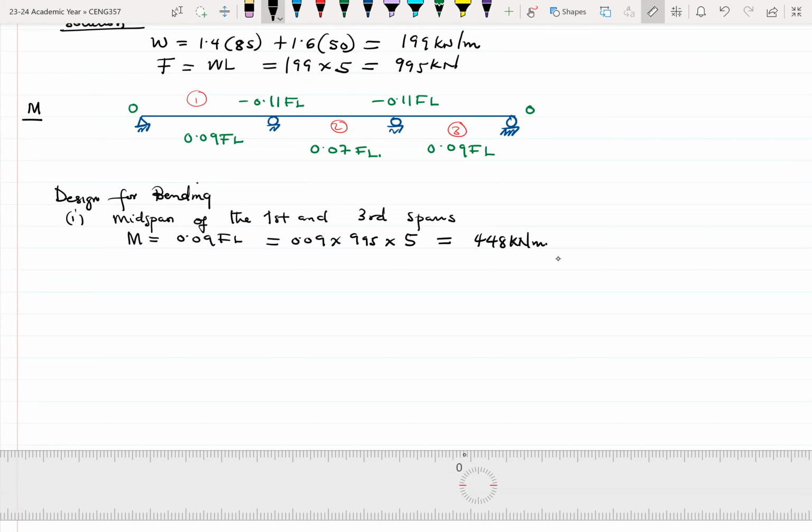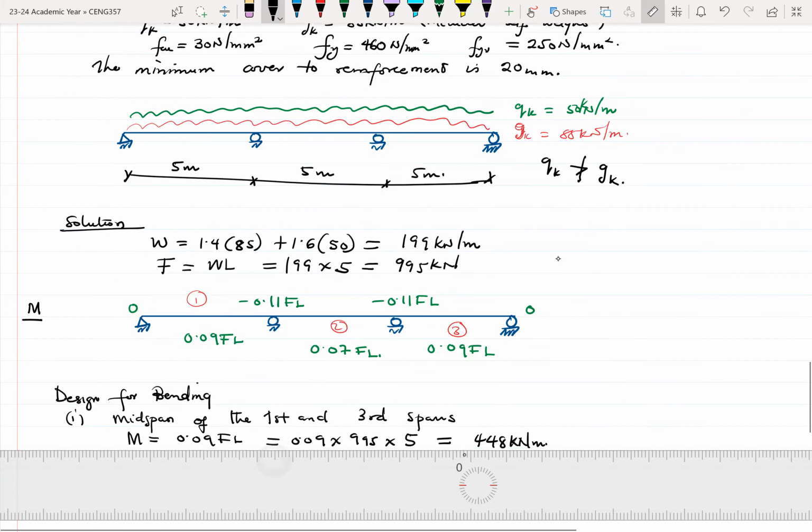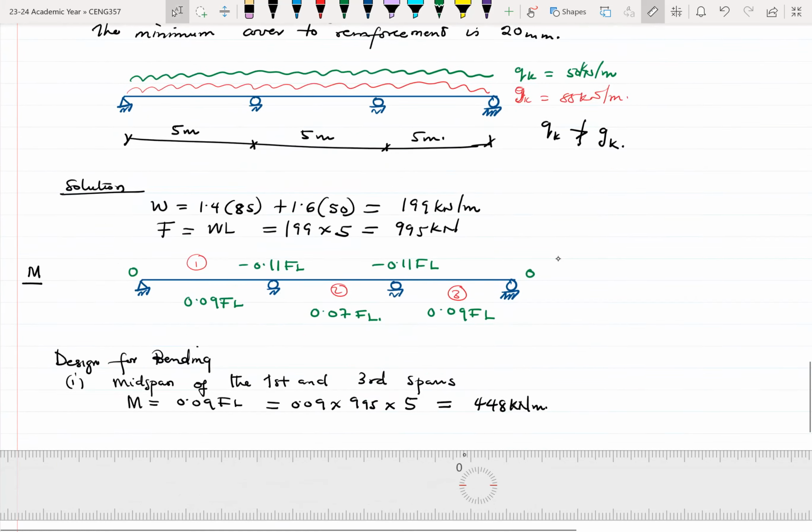Here, because there's a slab, from the question, there's a slab on top of the beam, all right?